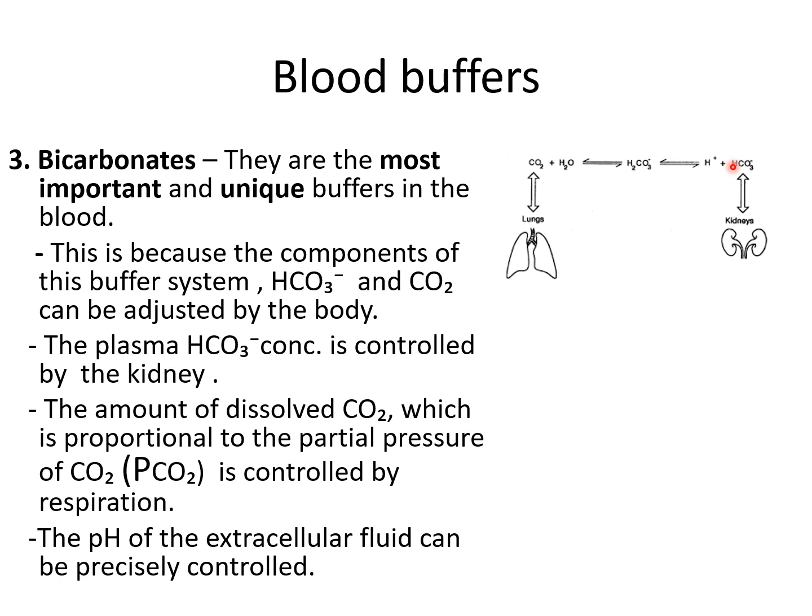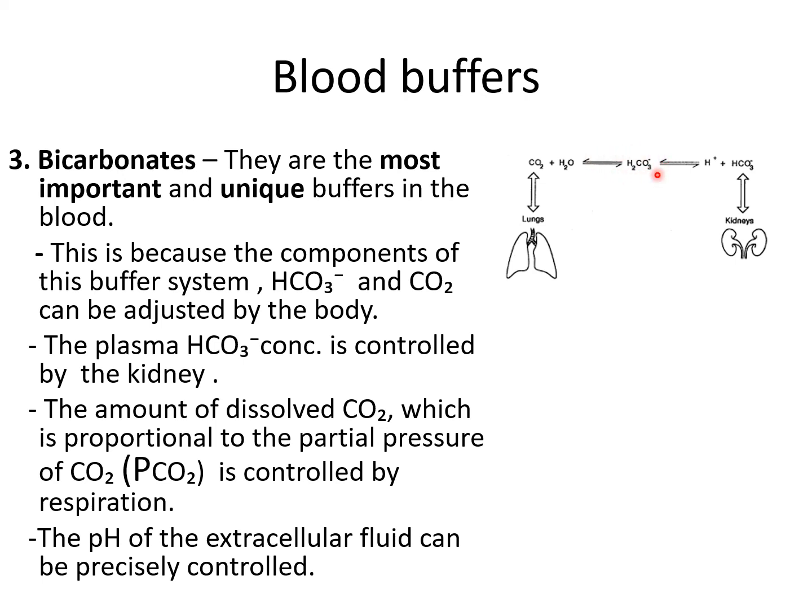Now suppose a condition where more and more H plus is added in the blood. That H plus will be taken up by the HCO3 minus, or bicarbonate buffer, present in the blood, and that will produce H2CO3. Suppose before this addition of H plus, the pH of the blood was 7.4. After addition of acids, this HCO3 minus reacts with it and forms H2CO3.